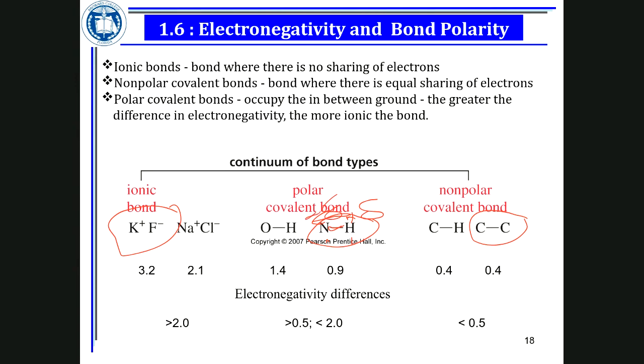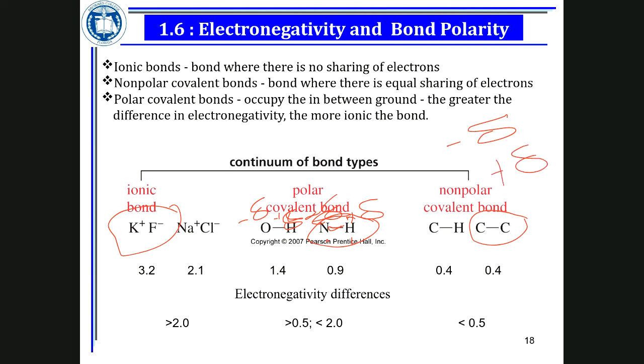So if you look at this example of oxygen and hydrogen, which one gets the negative charge? Partially negative charge is not a full negative charge. It's going to be oxygen here, because oxygen has higher electronegativity. Hydrogen would take the partially positive charge, and we show that with the symbol delta, delta negative for partially negative charge or delta positive for partially positive charge.